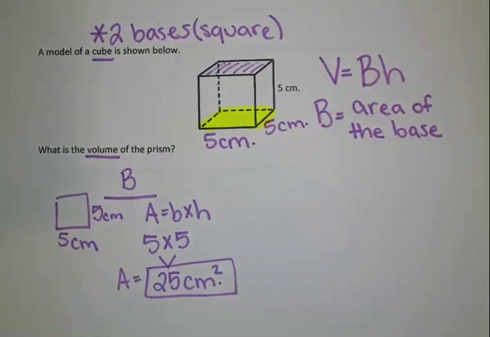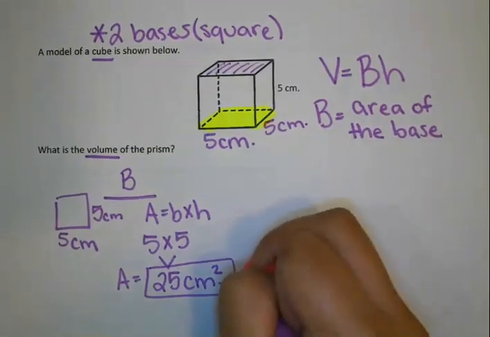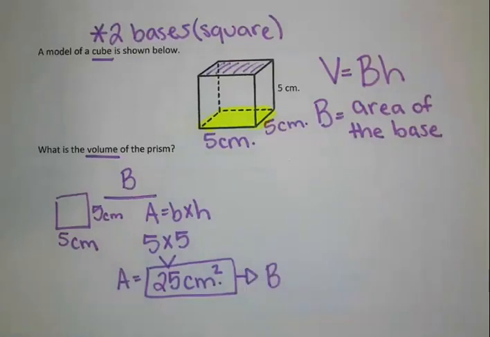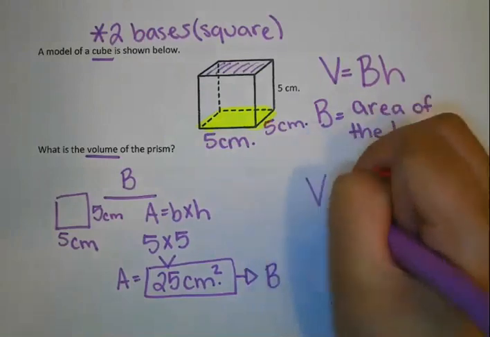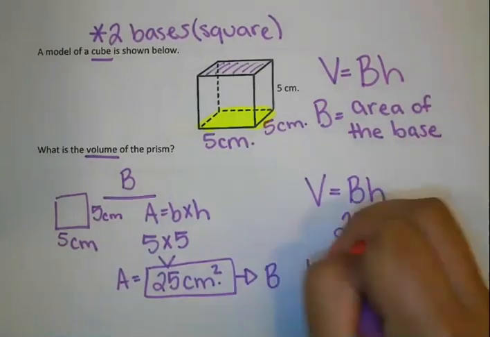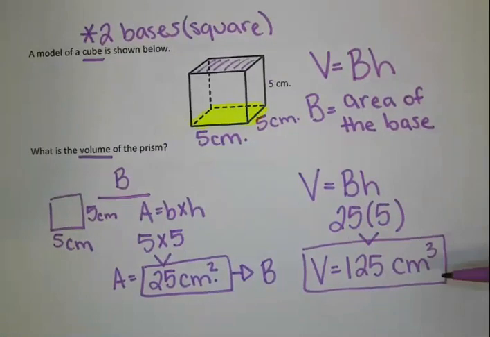This represents the area of the base, which is also big B. So now I'm going to go back to my volume formula and substitute the value for big B in. Now that we've finished multiplying, the answer for the volume is going to be 125 centimeters cubed. Remember that whenever you're dealing with volume, your units have to be cubed because it's a 3D shape, three-dimensional.